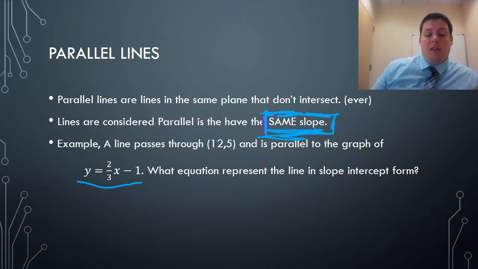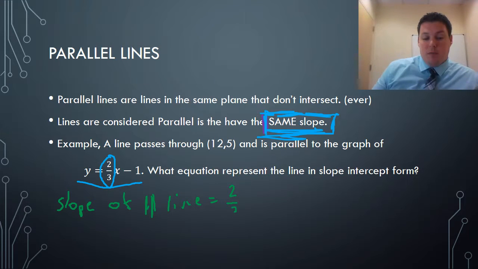Well, the slope of the line parallel to it is 2/3, because the slope is m, which is always in front of the x. Then the slope of the parallel line, and these two lines here are a symbol for parallel, equals 2/3.